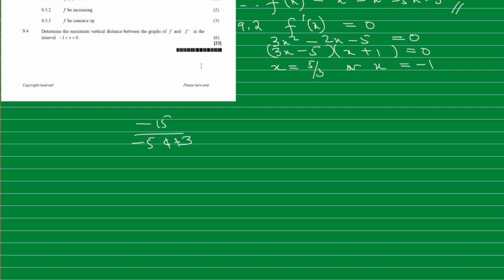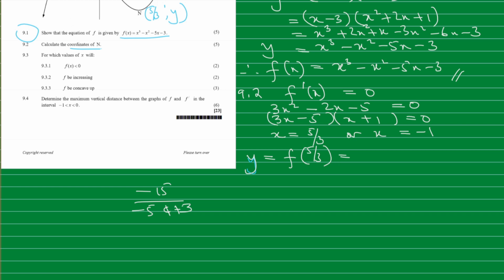So y is equal to f of 5 over 3, which is 5 over 3 to the power 3 minus 5 over 3 squared, and so on.